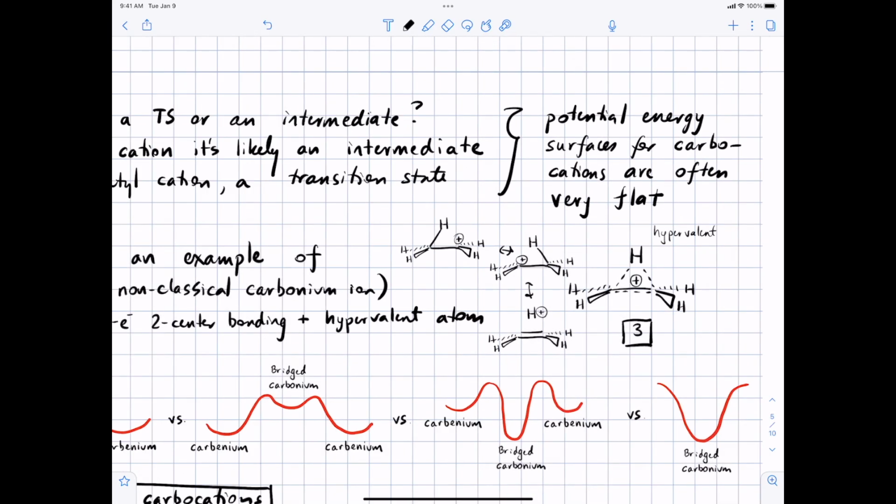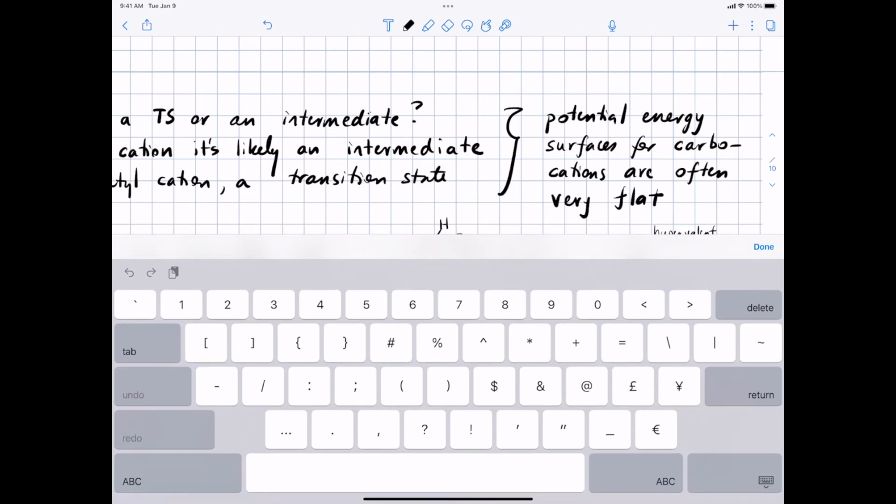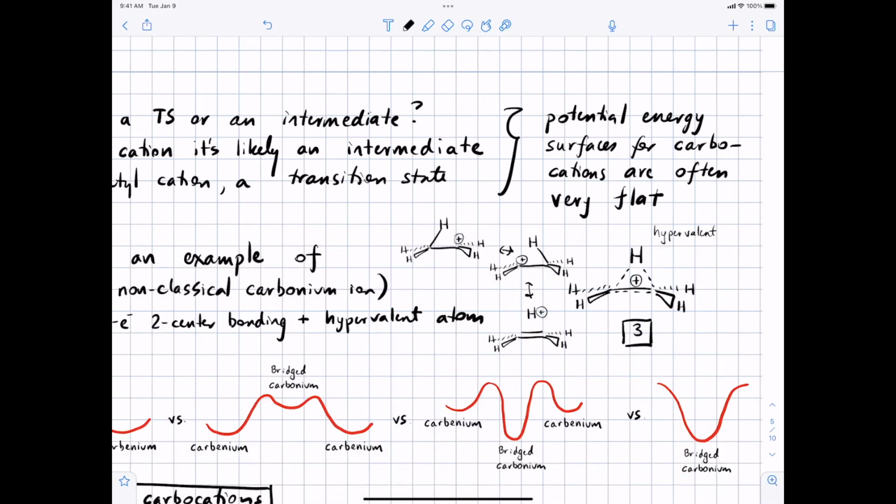The concept of a non-classical carbocation has been controversial. We call these carbonium ions, and the reason they're controversial is because some people in the early days of physical organic chemistry did not really believe they were actually intermediates. And based on what we've talked about, you can see that the distinction is subtle.